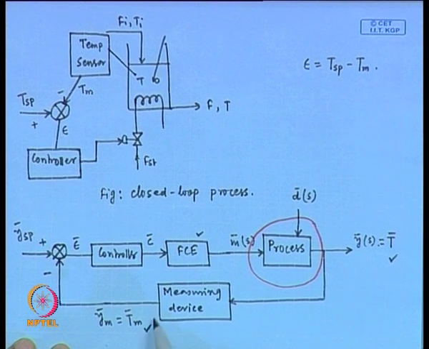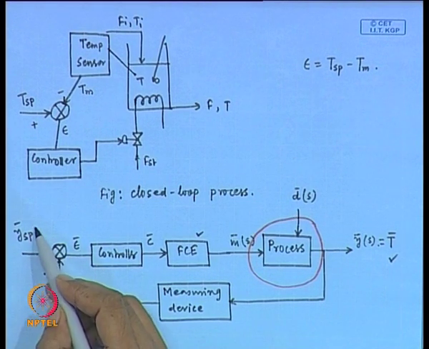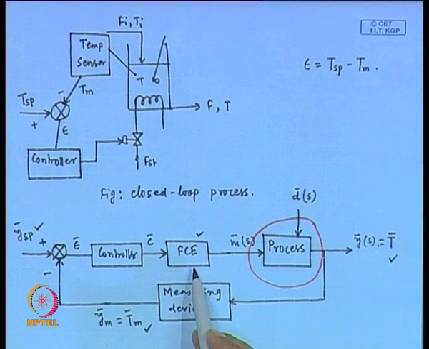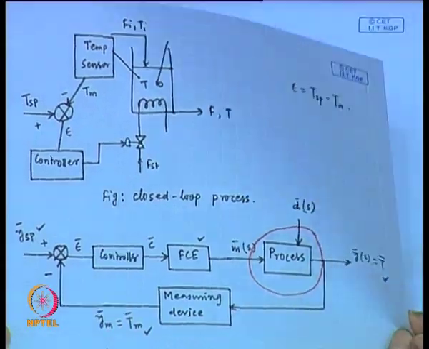Sensor output is T suffix m, that is measured temperature, then that measured temperature is compared with its set point value. Comparator output is represented here by epsilon. That information goes to the controller, and using that information controller calculates the control action. Then the control action is physically implemented through this final control element. So, this is a closed loop block diagram of a process.